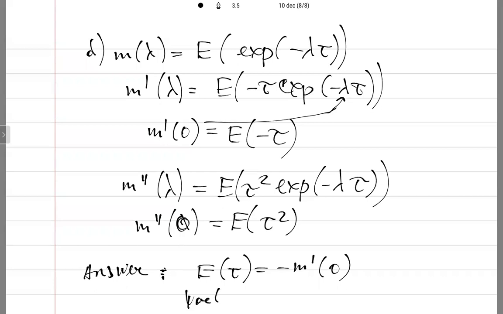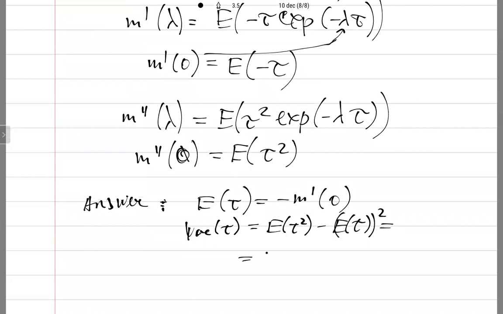And the variance of tau is just the expected value of tau squared minus the square of the expected value of tau, and it is m prime prime at 0 minus m prime 0 squared. And it's up to you to do the technical stuff to calculate the derivative of a function. Okay? Thank you.